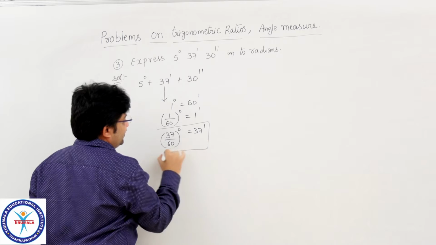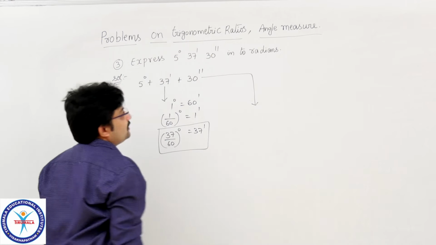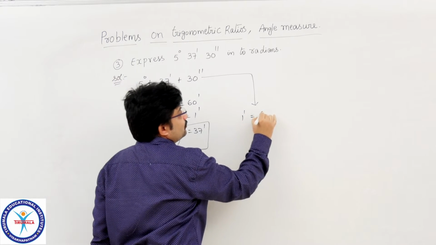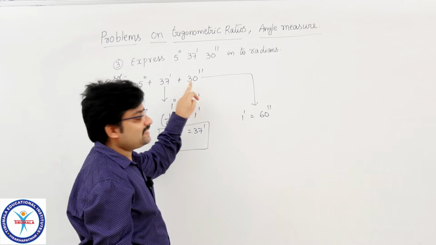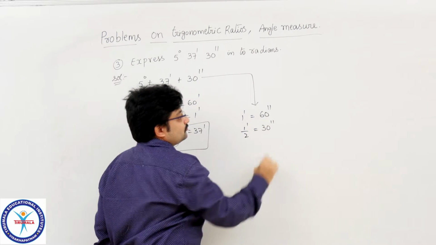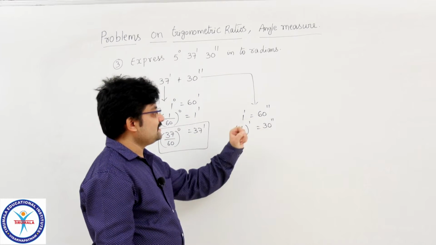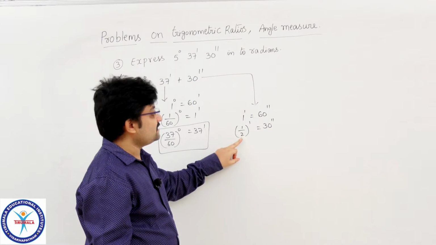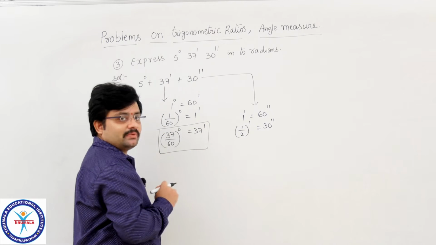Now, we have converted the minutes into degrees. Now, let us convert these 30 seconds into degrees. We know that 1 minute is equal to 60 seconds, but here it is 30 seconds. 30 seconds is nothing but half of the minute. We know that for 1 minute the angle is 1 by 60 degrees.